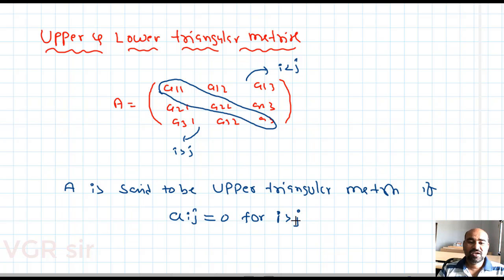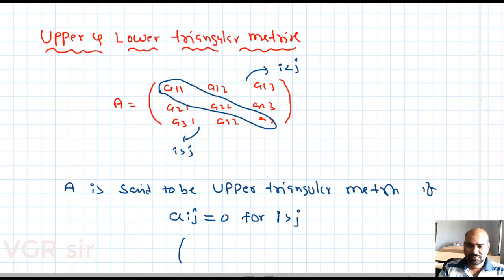So what is the meaning of that? The elements A21, A31, the elements which are below the principal diagonal are zeros, and the elements which are above the principal diagonal are non-zeros. Such a matrix is called an upper triangular matrix.